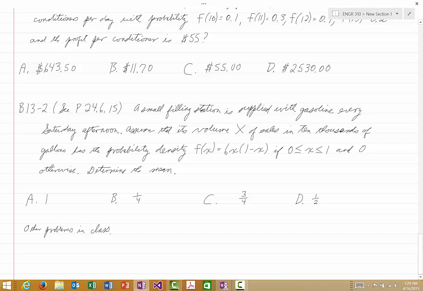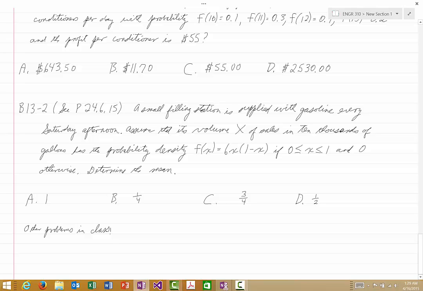And then problem B13-2, which is very similar to but not quite identical to problem 24.6.15 in your text, says a small filling station is supplied with gasoline every Saturday afternoon. Assume that its volume X of sales in ten thousands of gallons has the probability density little f of x equals 6x times 1 minus x if 0 is less than or equal to x is less than or equal to 1 and 0 otherwise.